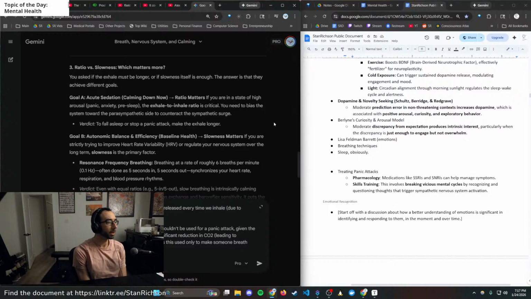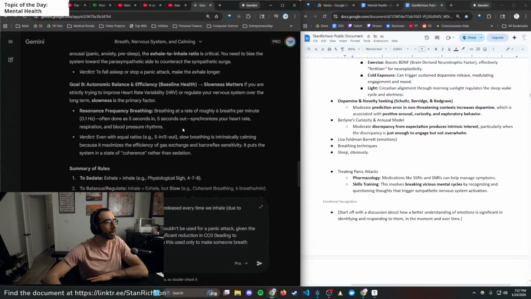But goal B is autonomic balance and efficiency, baseline health. Slowness matters. If you are strictly trying to improve heart rate variability or regulate your nervous system over the long term, slowness is the primary factor. Breathing at a rate of roughly 6 breaths per minute, often done as 5 seconds in, 5 seconds out, synchronizes your heart rate, respiration, and blood pressure rhythms.